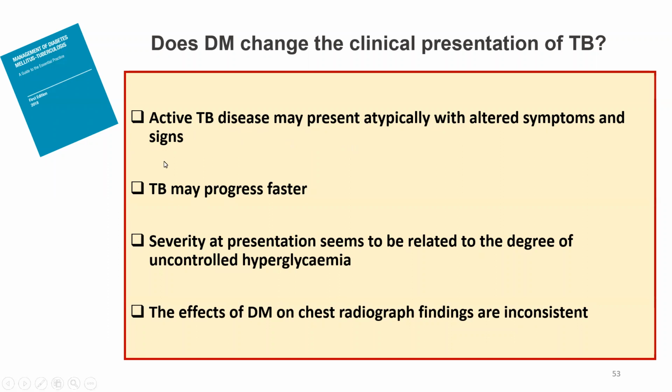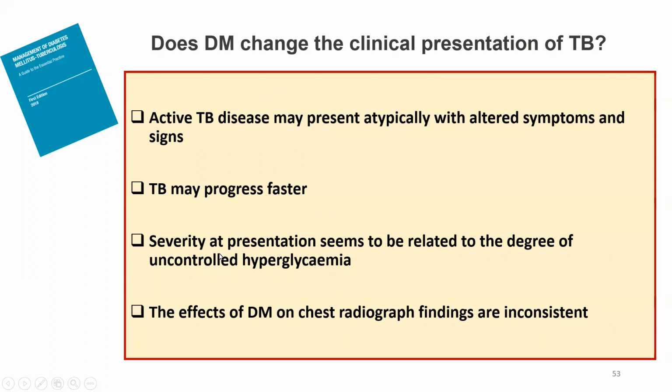The other thing is that TB may progress faster in these patients, because diabetes also alters the immune system, so recovery is affected. The severity of presentation seems to be related to the degree of uncontrolled diabetes. When patients have uncontrolled diabetes, it increases the severity of the presentation.